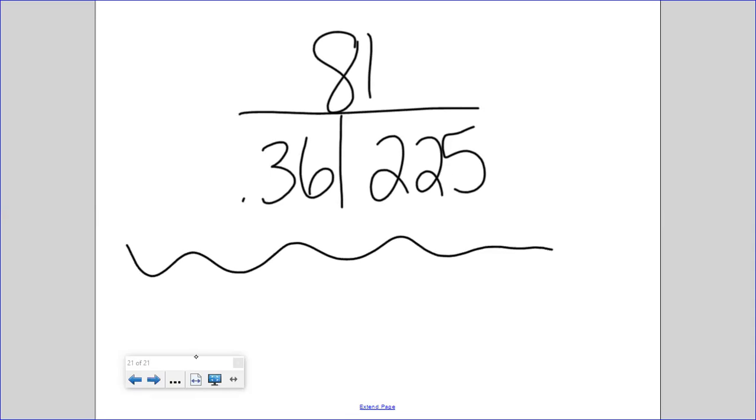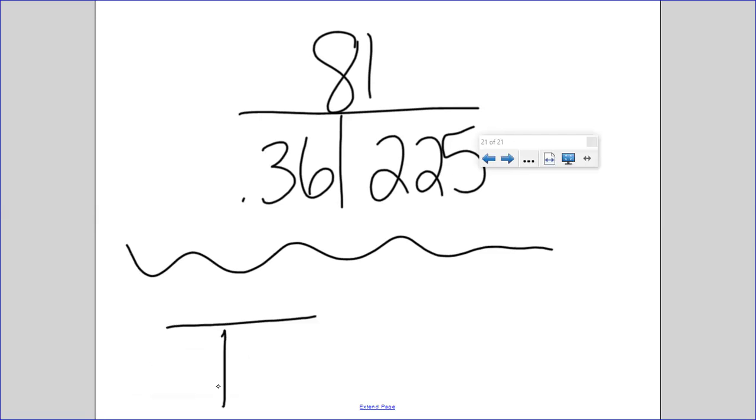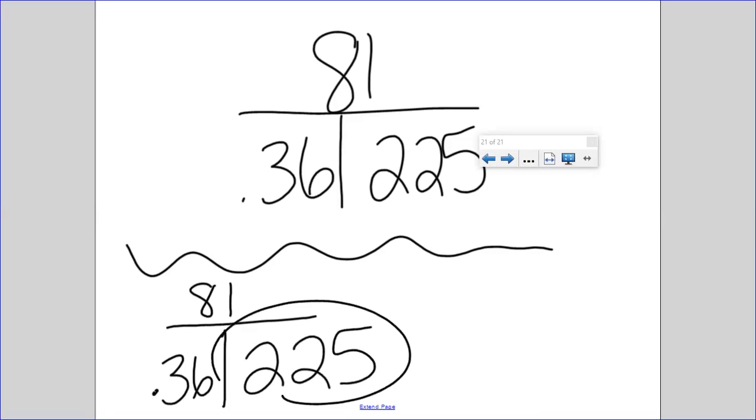Or, even better, if I said, hey, you're a farmer and 81 of your trees died, and that was 36% of your total, what you planted, how many did you plant? You could even work it that way. So, same process. You got an 81 up top and 0.36 down at the bottom. So you're dividing 81 divided by 0.36, you guessed it, left you with 225 total planted.